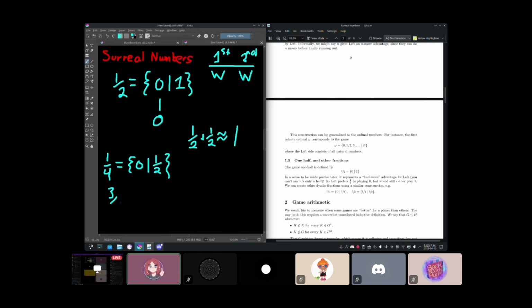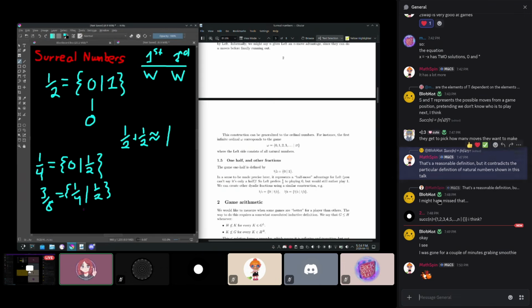Or 3/8, that's going to be the game where you have 1/4 for left and 1/2 for right. And you can keep making fractions like this. You can see what's happening, where 3/8 is exactly in between 1/4 and 1/2.